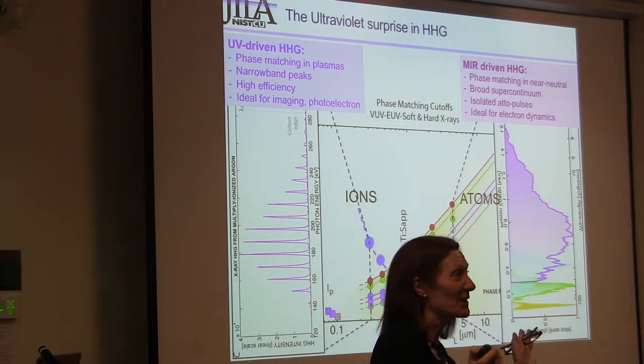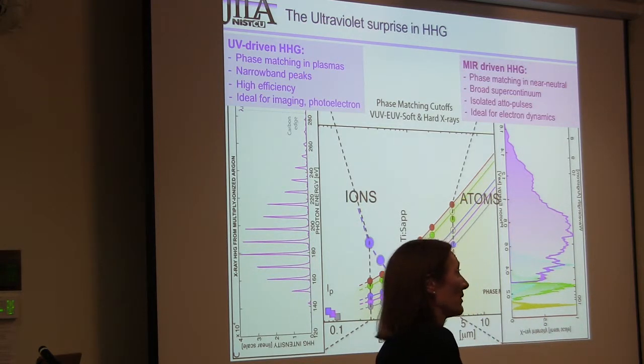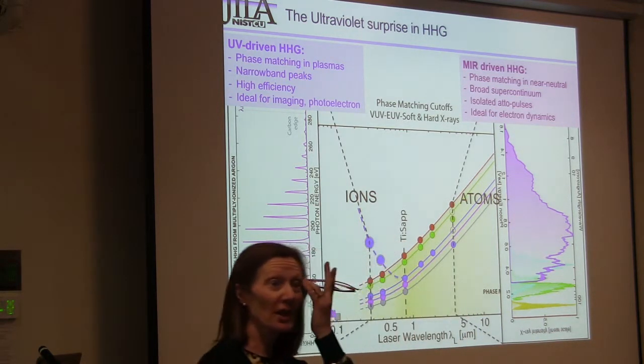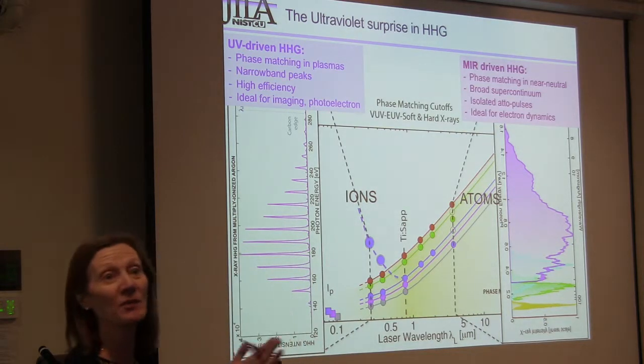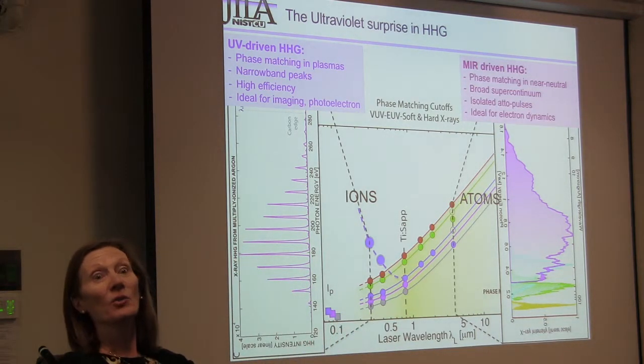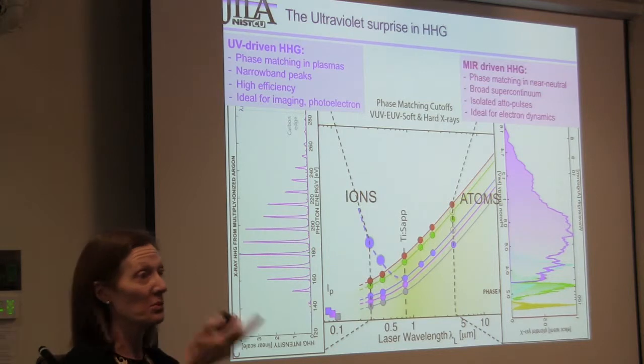Yeah, it has to. This is just Fourier transform. We don't need to use any physics. So this had us scratching our heads. What is going on? How can phase matching suddenly occur over multiple cycles?